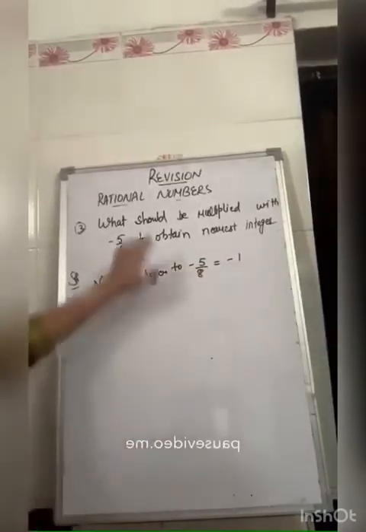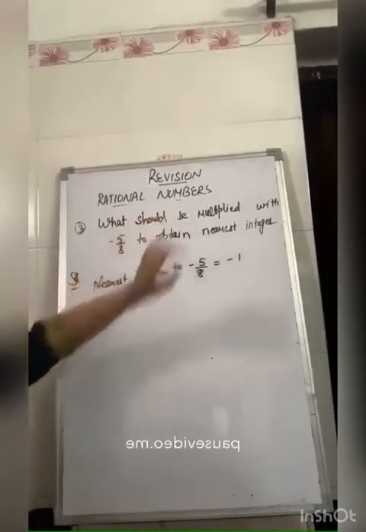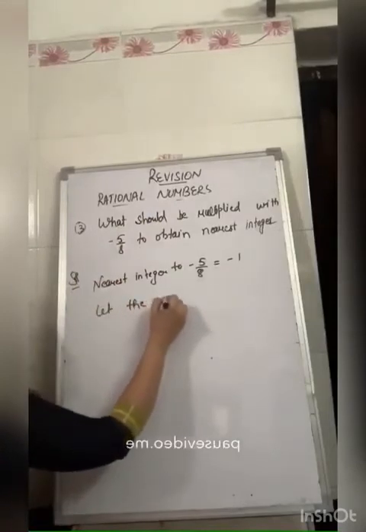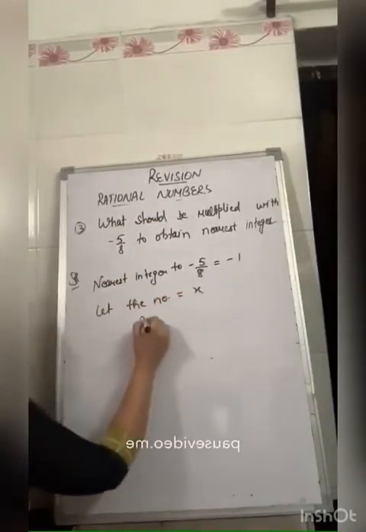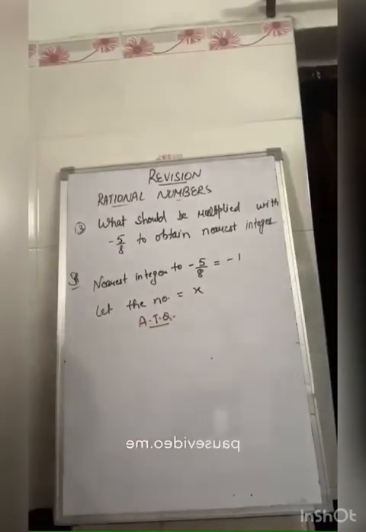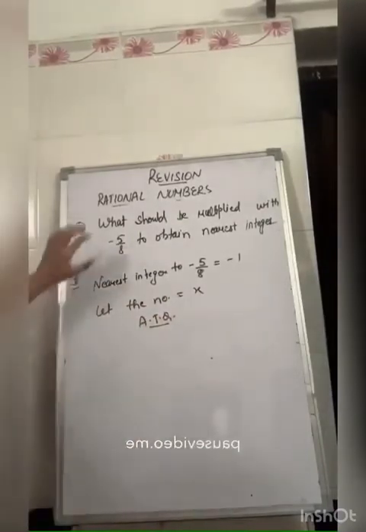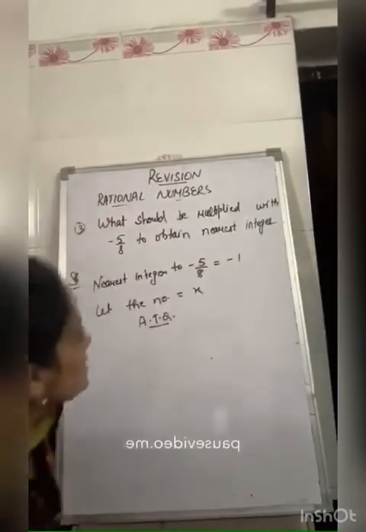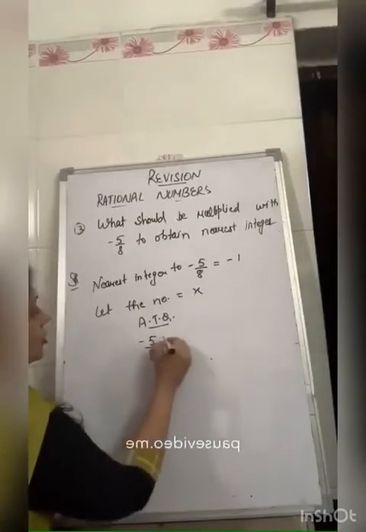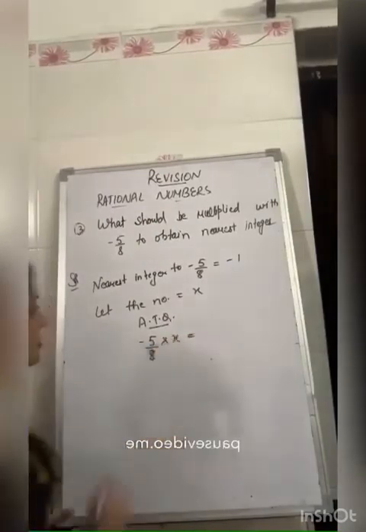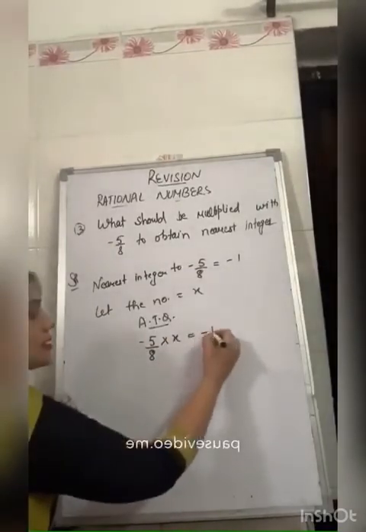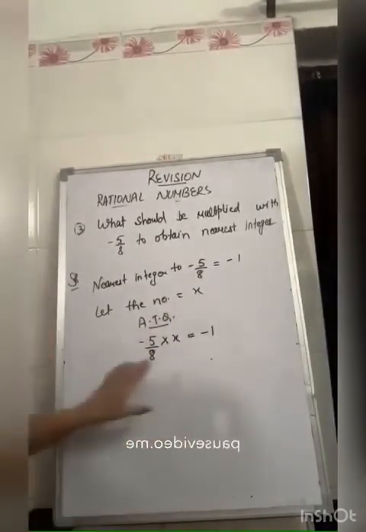Now in the question we have what should be multiplied, so we will write let the number be x. According to the question, minus 5 by 8 should be multiplied by x so as to get the nearest integer, that is minus 1.